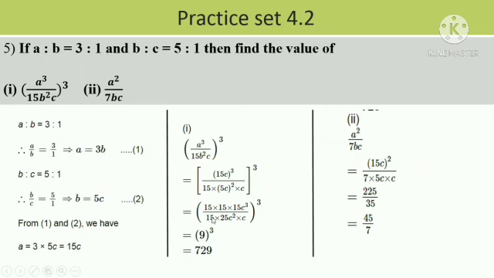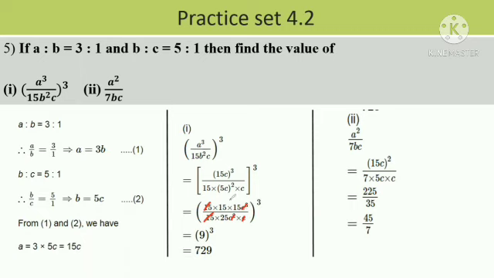Now look here, 15 and 15 will get cancelled. Then c cube and this c cube, c square into c is also c cube, so they will get cancelled.